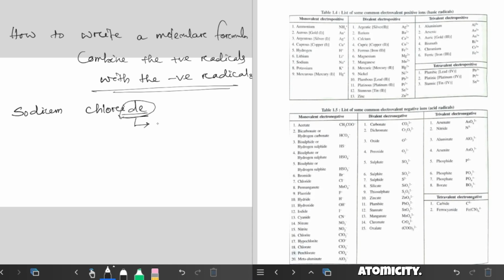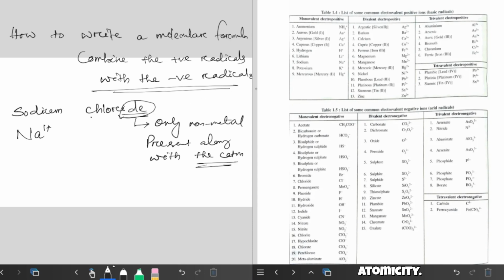IDE represents only a non-metal present along with the cation. This is the cation here. Sodium means Na1+, you can see it in the box. And the chloride ion is Cl1-.